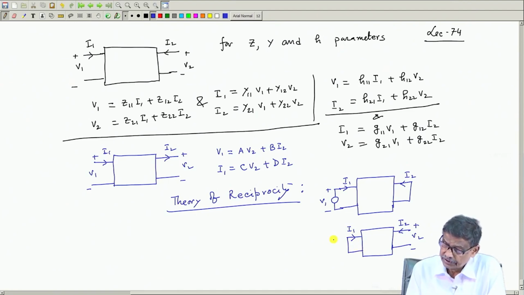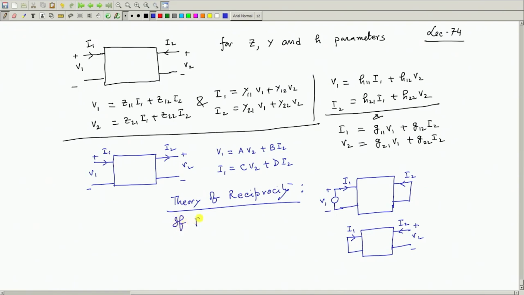Then, if this network is reciprocal, the ratio of this voltage and current and this voltage and current will be the same. We know that V1 by I2 should be equal to V2 by I1.